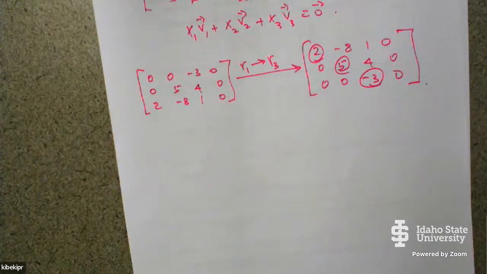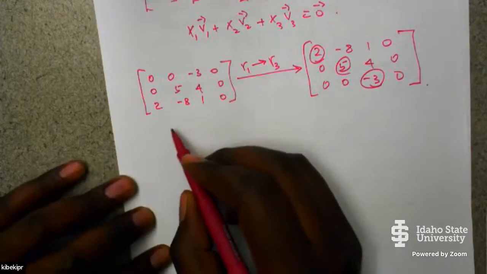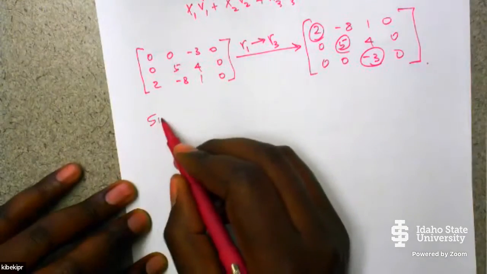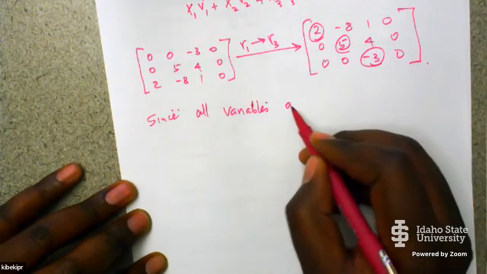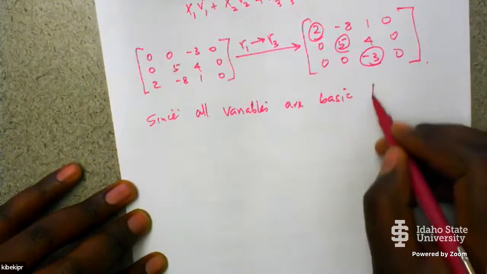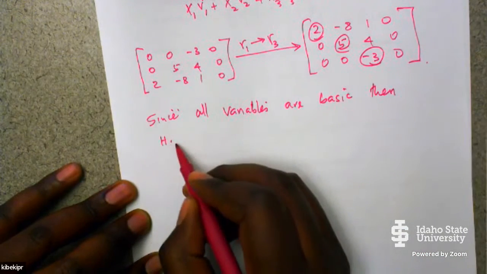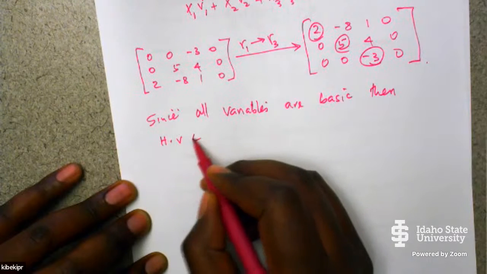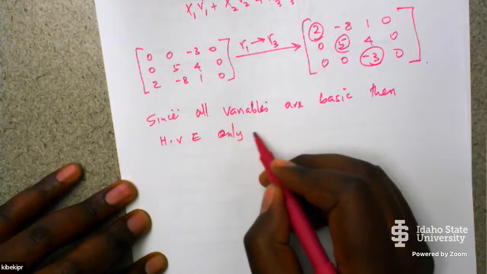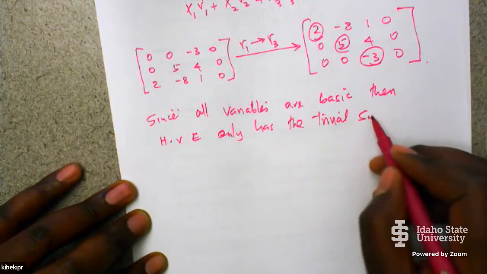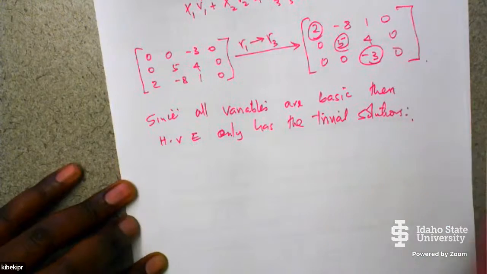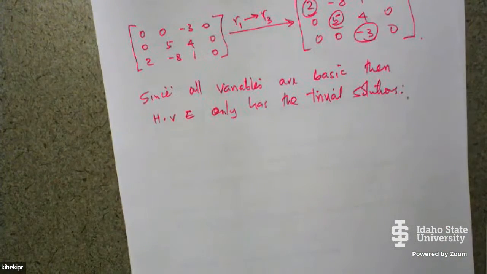Since all variables are basic, the homogeneous vector equation only has the trivial solution.